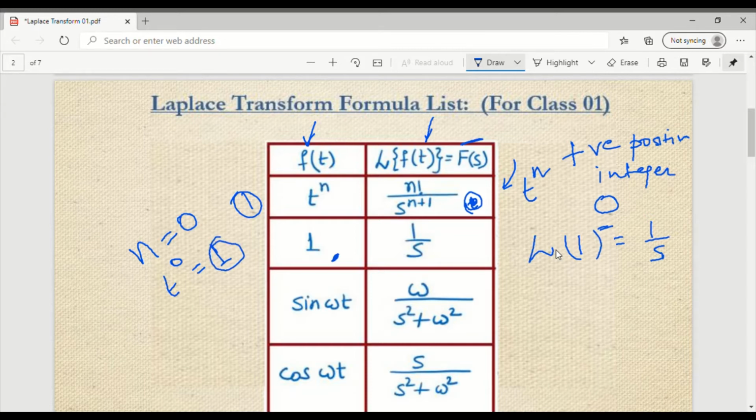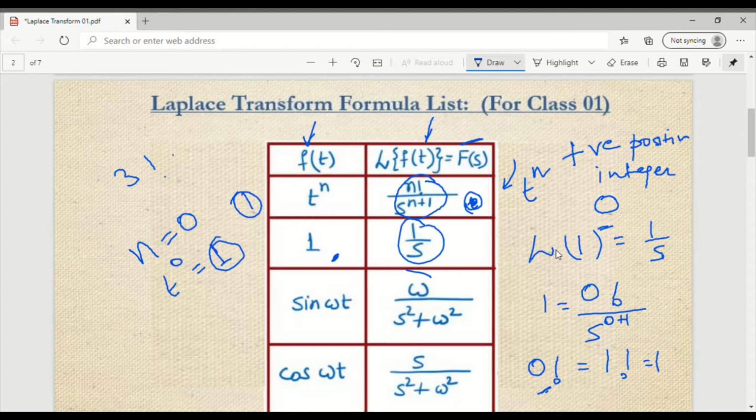So the Laplace transform of 1: put n as 0, and we get 0! divided by s^(0+1). What is 0!? We know that 1! is 1, and you know that 3! is 3 into 2 into 1. Similarly 1! is 1, and 0! is also 1. Because of that, here you have 1 by s.